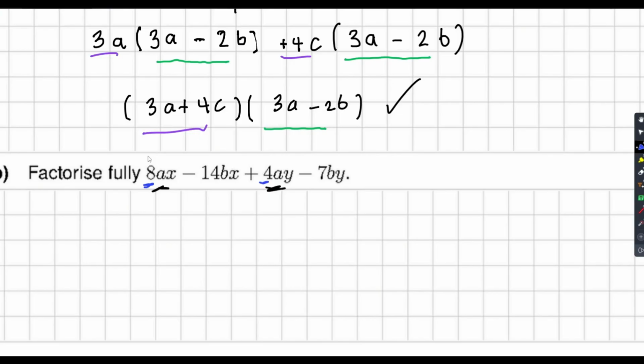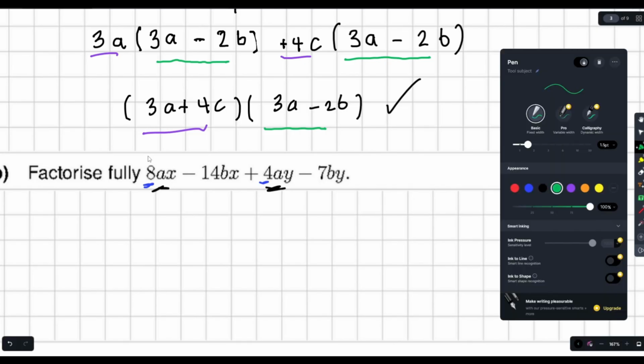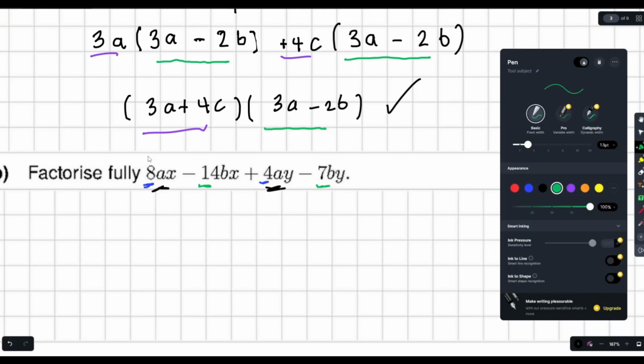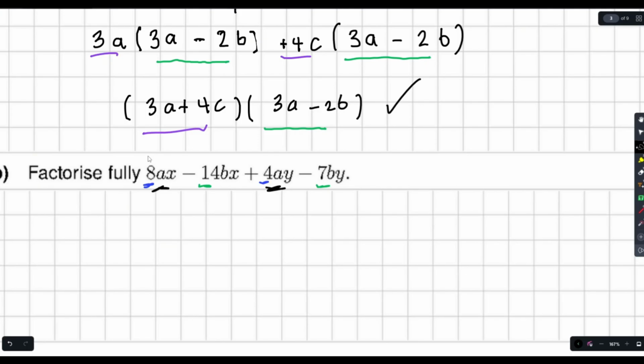We notice that we can take out the highest common factor of 4 out of that and an a. We then look at the other two. We see that this is a 7 and this is a 14, which again, that's nice, you can take out a 7. Whereas if we look at the first two, 8 and 14, the highest number we can take out there is 2. So sometimes what we want to do is reorder them.